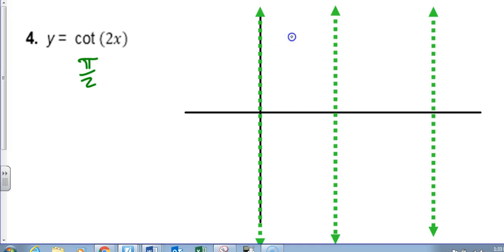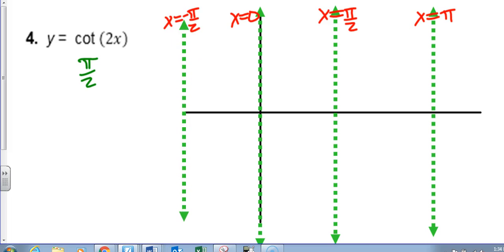So the asymptotes are at x equals 0, x equals pi over 2, x equals 2 pi over 2, and there'd be one over here at negative pi over 2 as well.